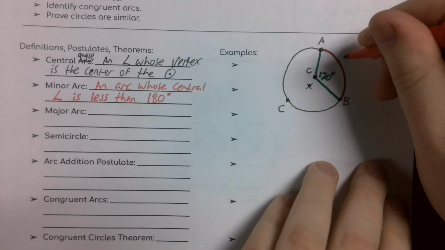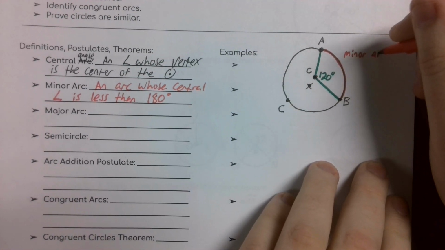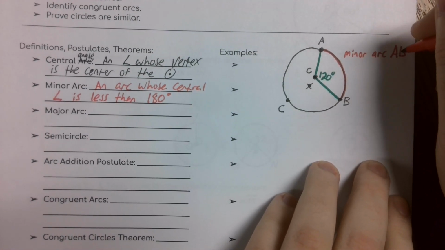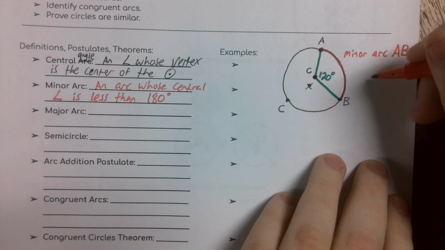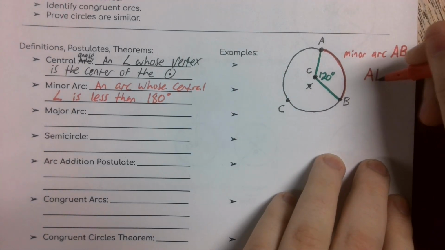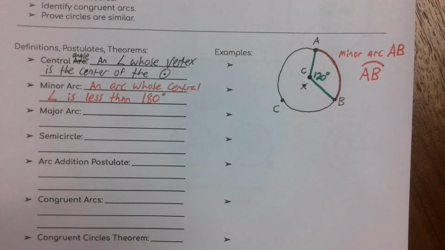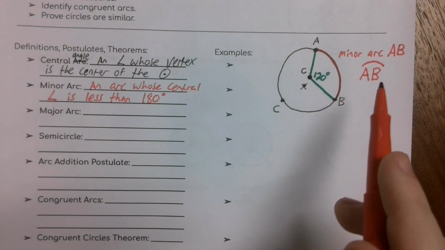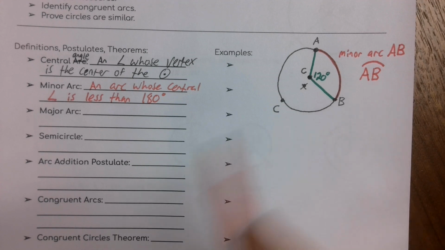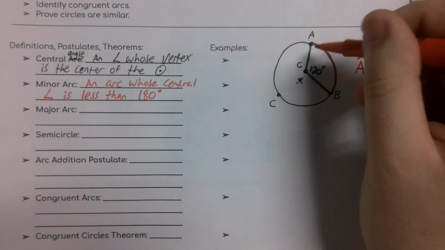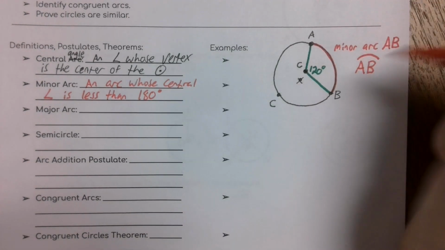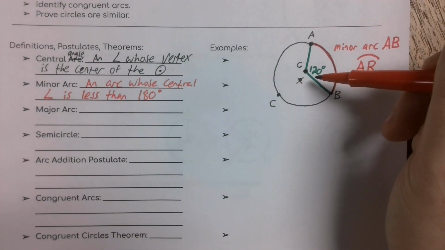We could call this minor arc AB, or the abbreviation for an arc is to put a little arc over the 2 letters. This means arc AB. If we were talking about how big this arc is, the measure of an arc in degrees is the same as its central angle.